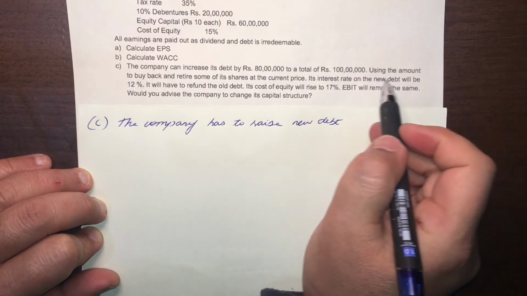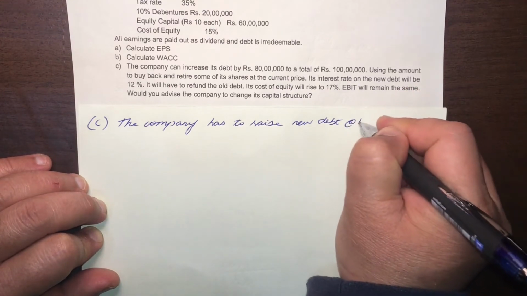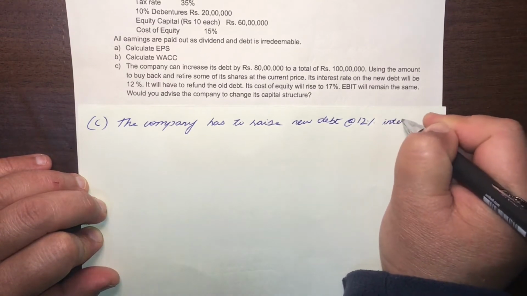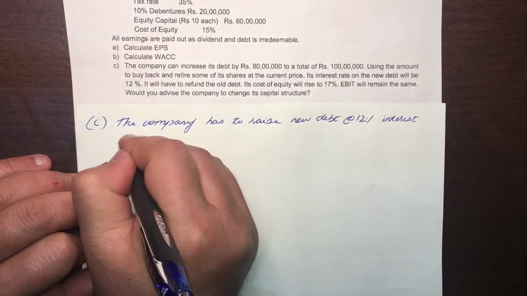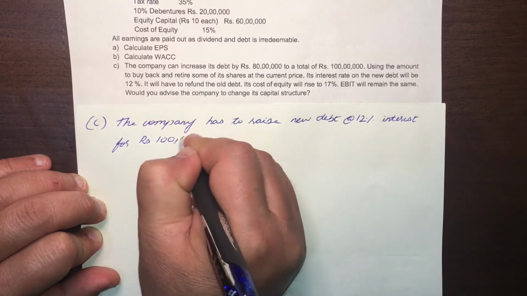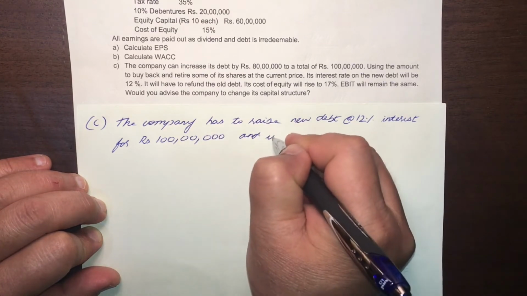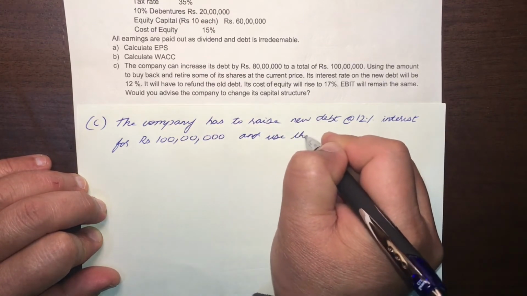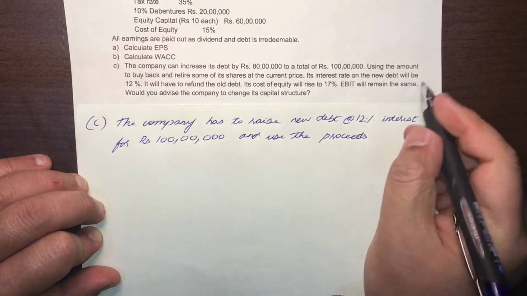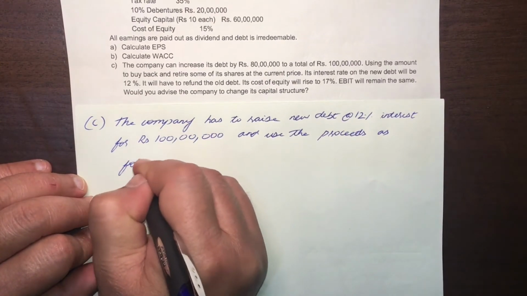Its interest rate on the new debt: it has to raise new debt at the rate of 12% interest for rupees 1 crore, and use the proceeds. So it's going to take a new loan and it's going to use that loan as follows.